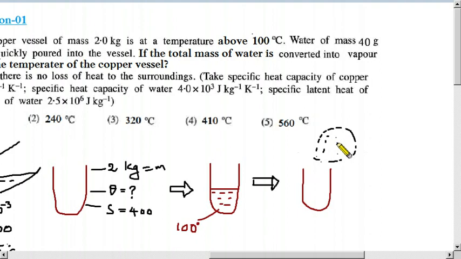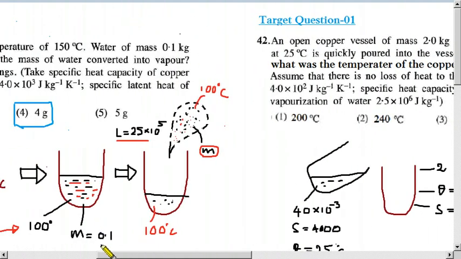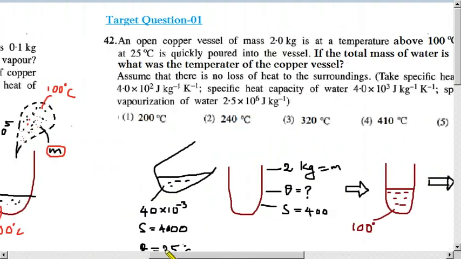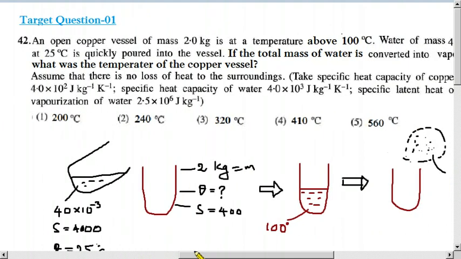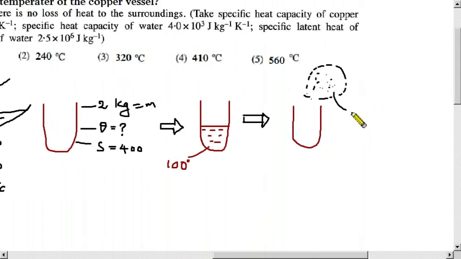Now we know the mass of the vapor, that is the total amount of this water. The amount of water is 40 gram, so we can write 40 times 10 minus 3, that is the M. The temperature must be 100, we have to assume that.